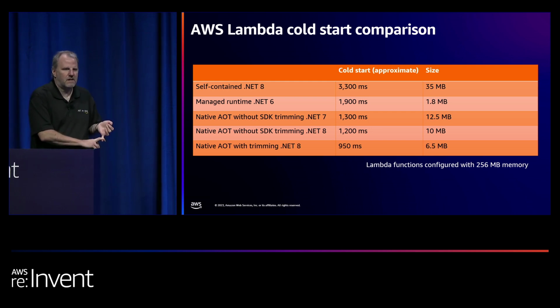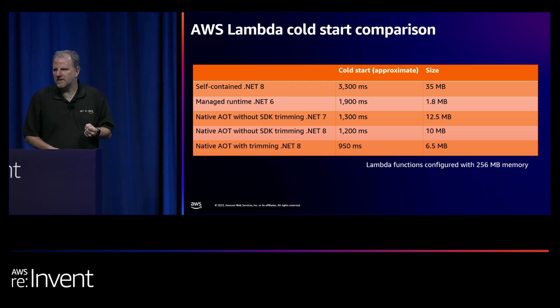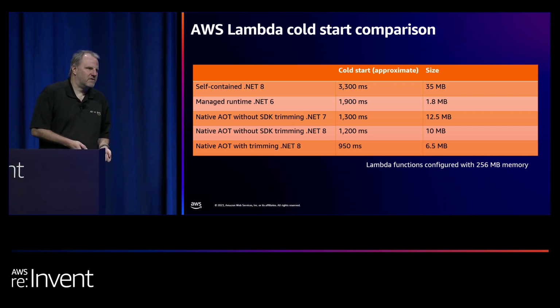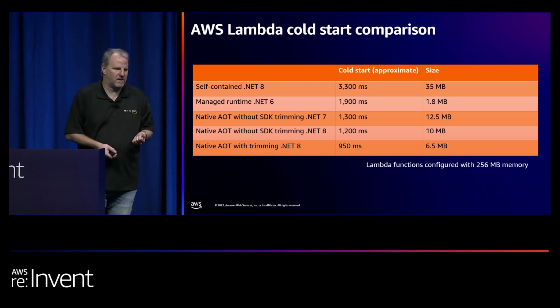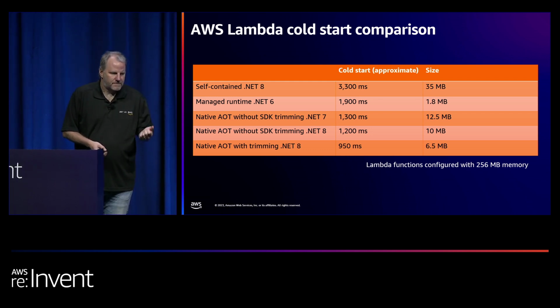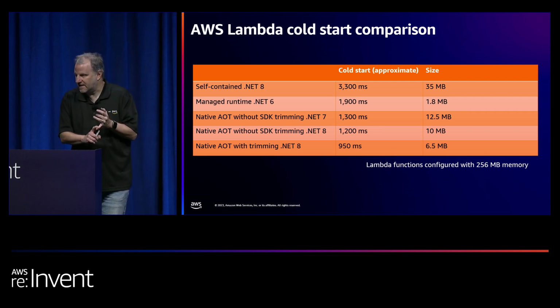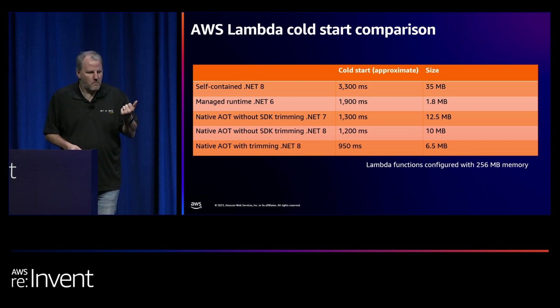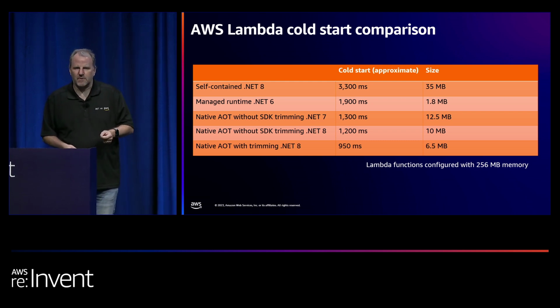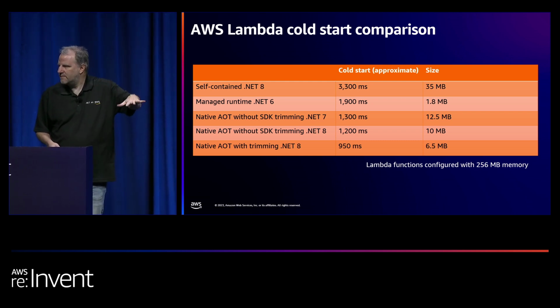If you look at our managed runtime, which is probably what most people here are using for Lambda, that brings your cold start time to 1,900 milliseconds, and much smaller deployment bundle. And when we're working on the .NET 8 runtime, it'll hopefully be out there as soon as we can. But I'm going to bet you that the performance number is going to still be in that same rough ballpark.